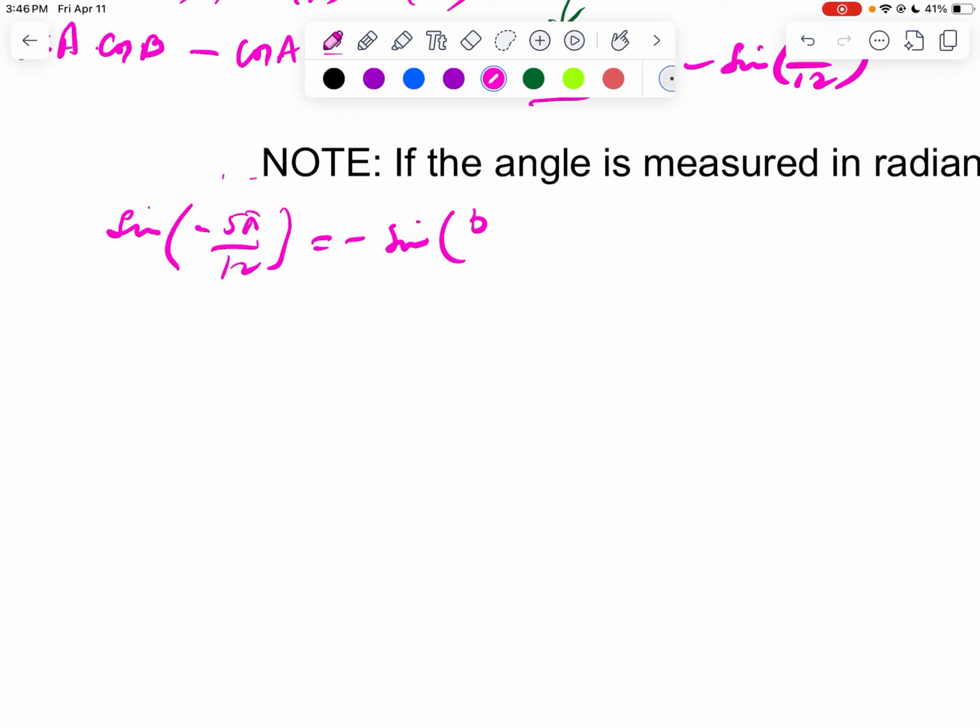Now I can write the 5 pi over 12 as what we just saw, the sine of pi over 6 plus pi over 4.